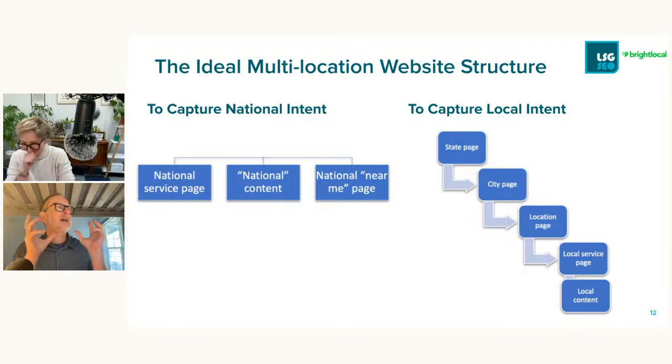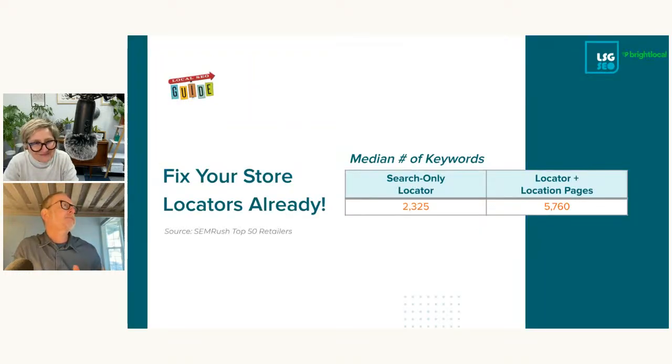And then you have the local intent pages, which traditionally might be different in different countries, but basically a state, city, location page, and then maybe a local service page and a local content page. If you have provinces, that might take the place of states or whatever you've got. All countries are kind of different and wacky.